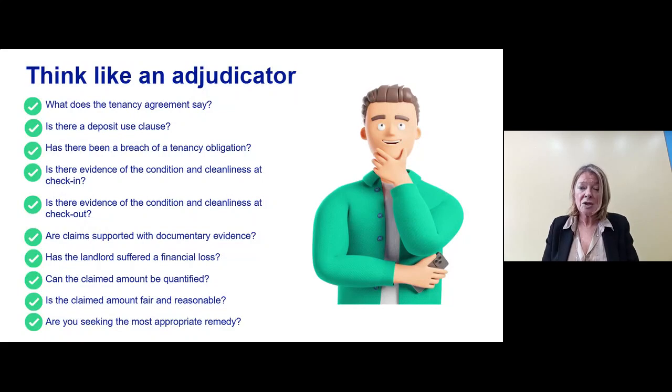If it's damage, then you will be able to say that there is a change in the condition of this table. It is down to the tenant. There is an obligation not to cause damage, and then you would be satisfied that you've got documentary evidence to support that claim for damage.